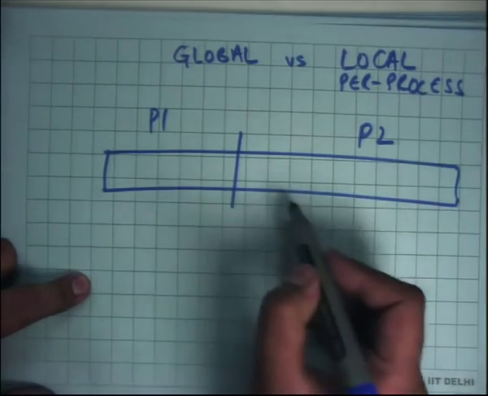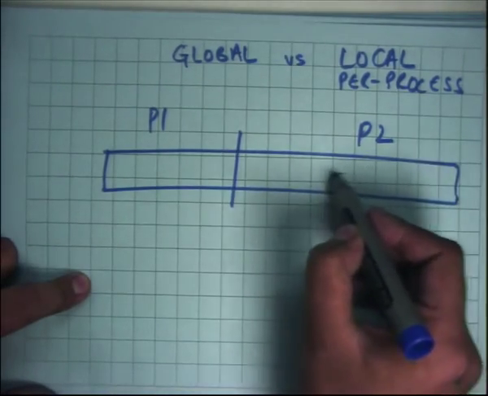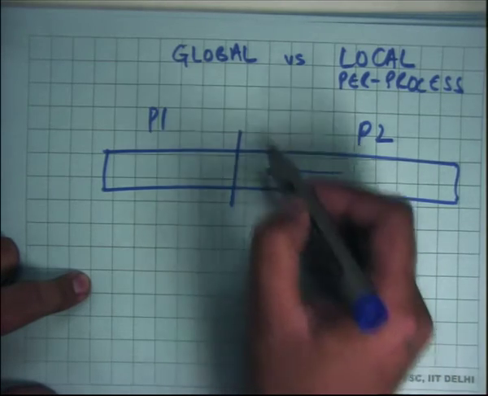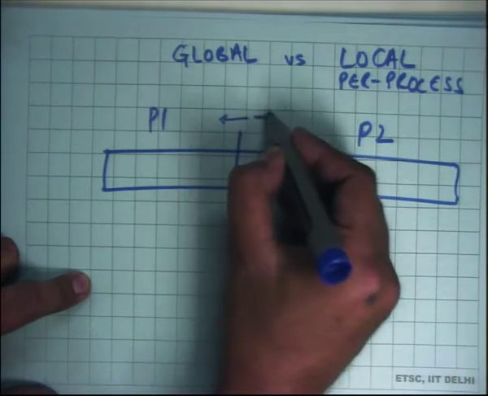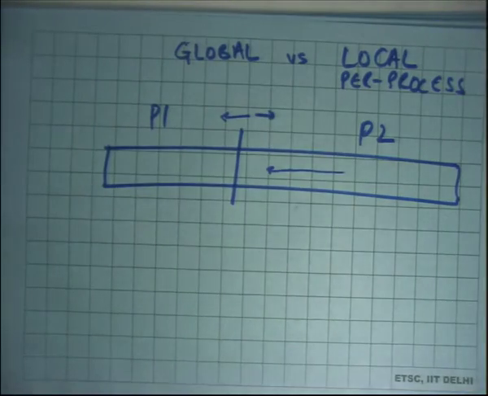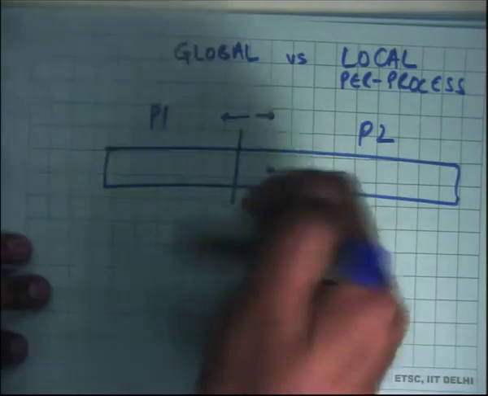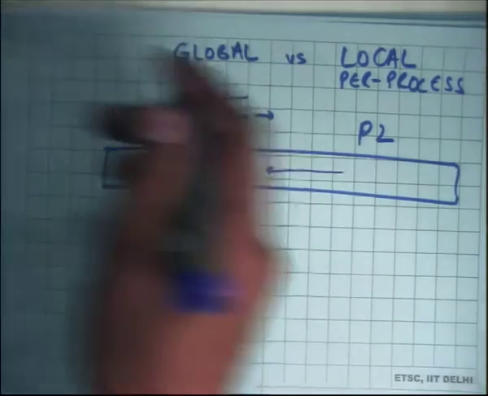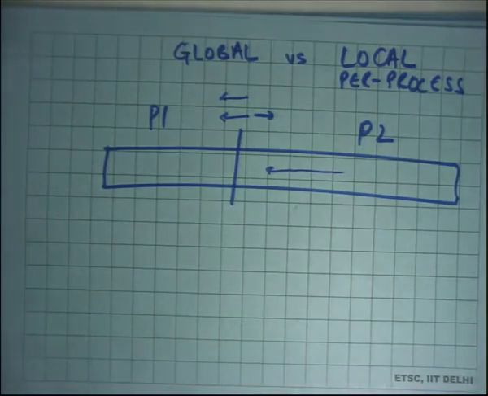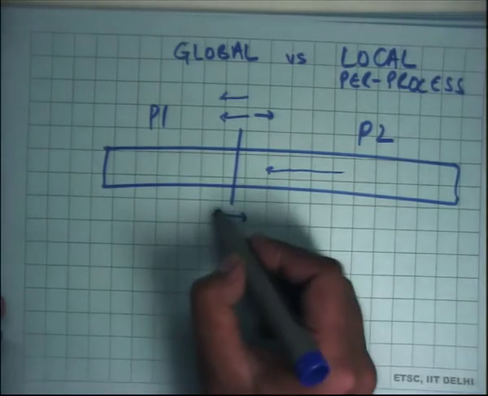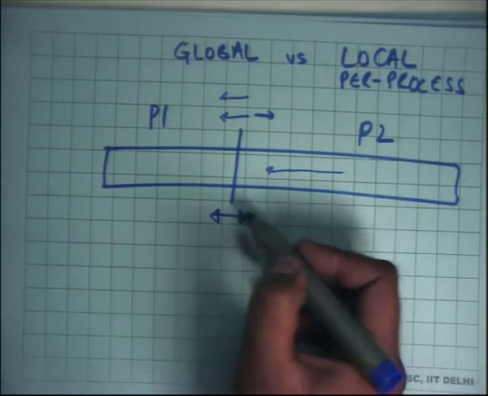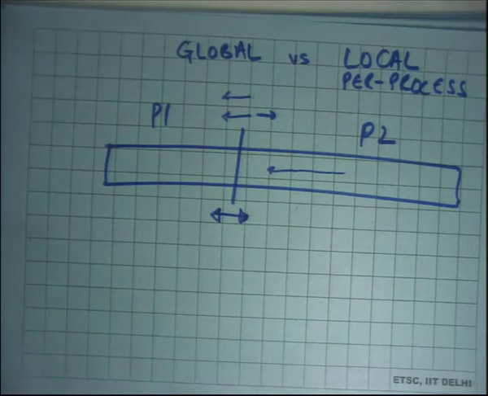And then if process P2 is taking lots of page faults, then slowly I will move this barrier in one direction or the other. So if I find out that P2 is taking lots of page faults and P1 is underutilizing its memory, then slowly, maybe on the order of minutes, I will figure that out and move this quota allocation one direction or the other. The important thing to note there is that the movement of this allocation boundary is much slower than the actual page replacement rate, right.